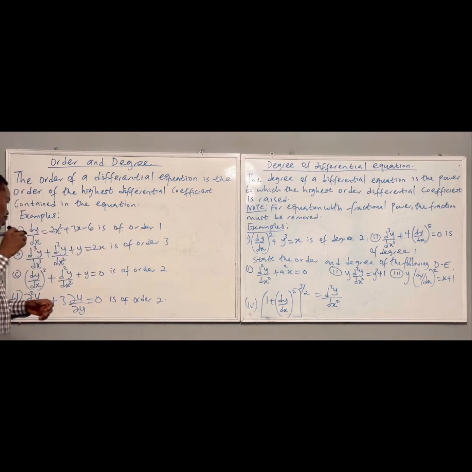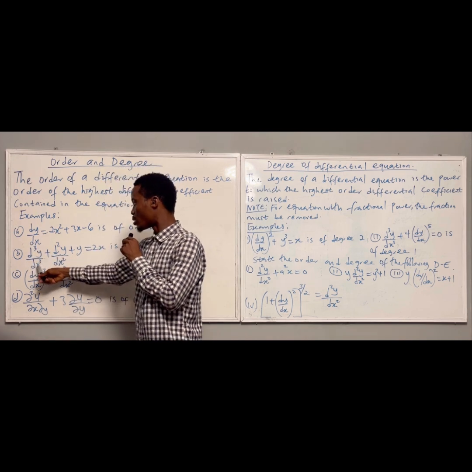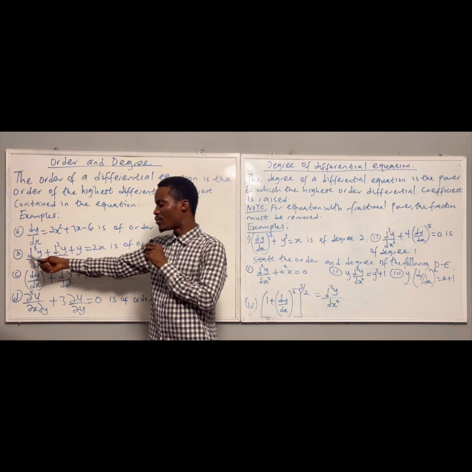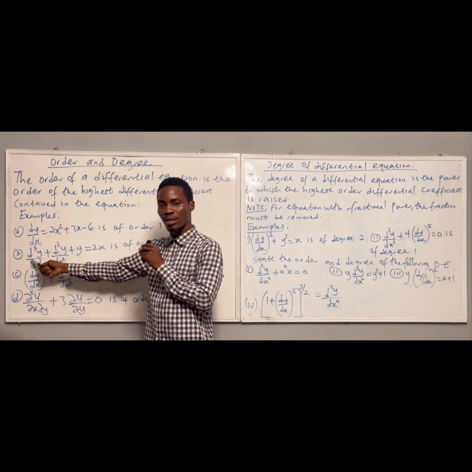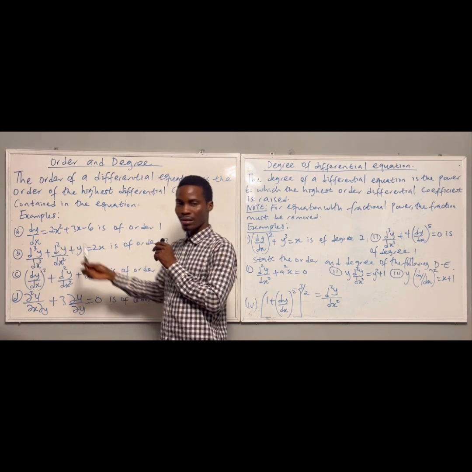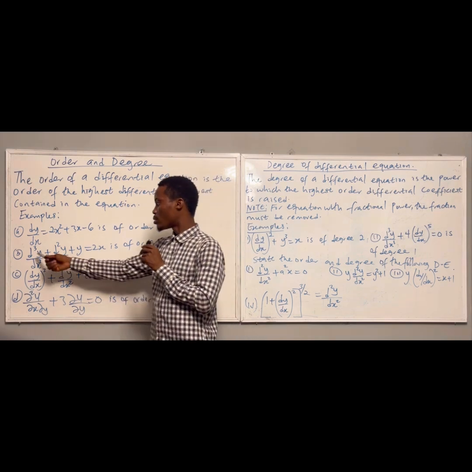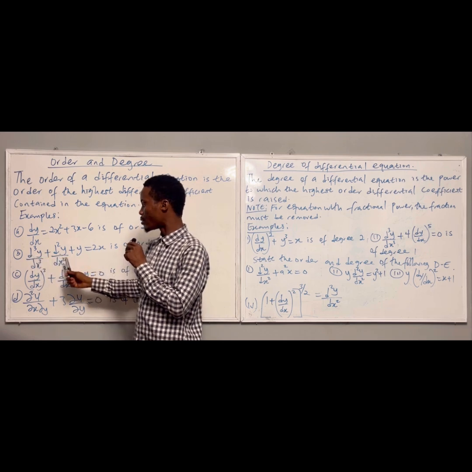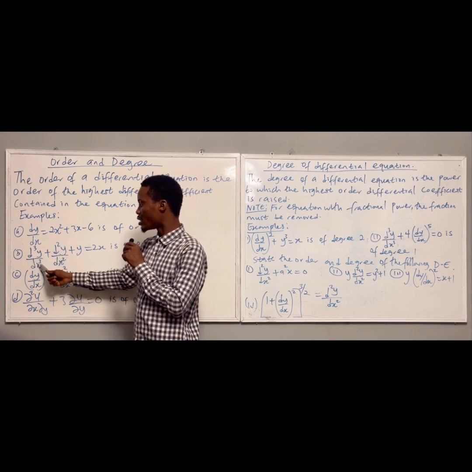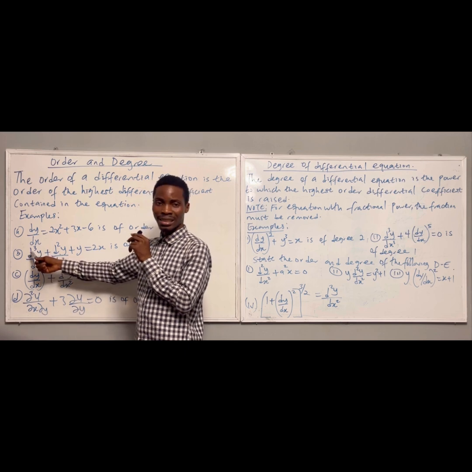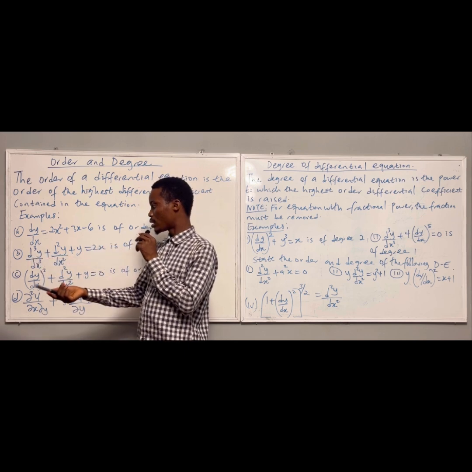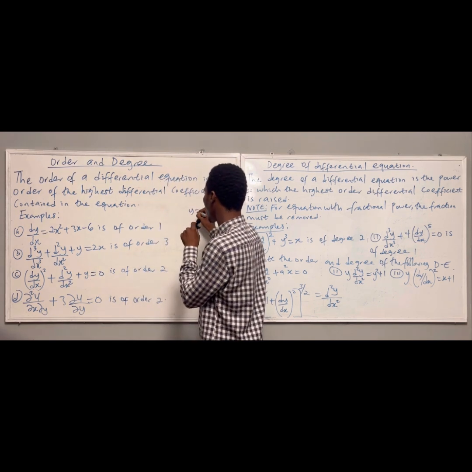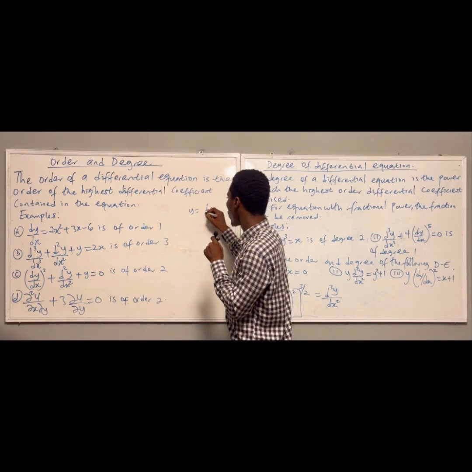So let us now consider the second example. d cubed y over dx cubed plus d squared y over dx squared plus y is equal to 2x. If you look here, we have a derivative, a differential coefficient, of the dependent variable. If I have y and I differentiate y, I'm going to have dy over dx.